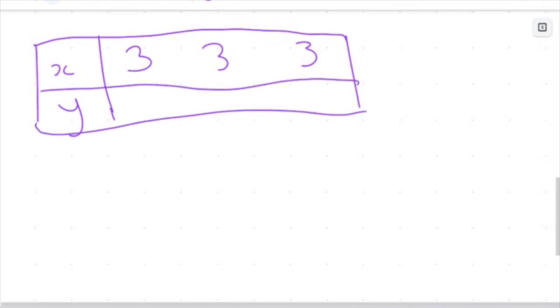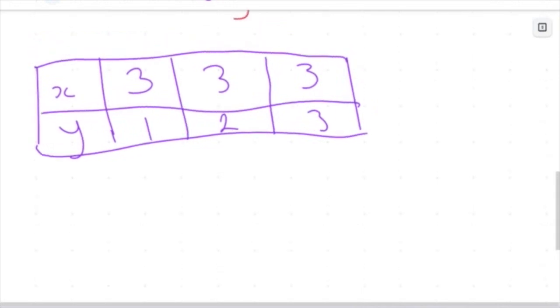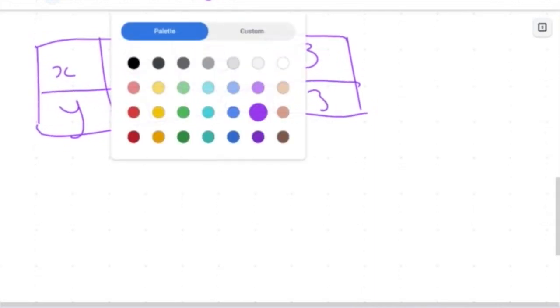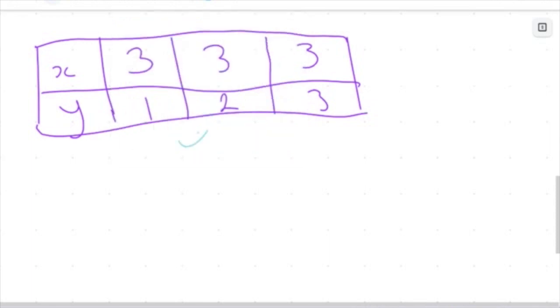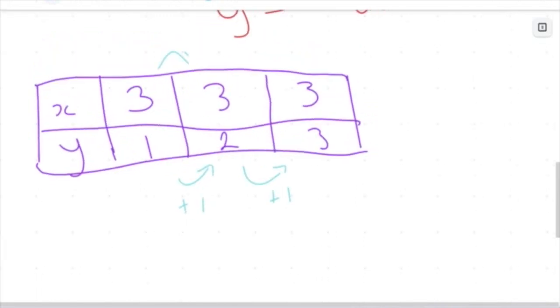And my y value changed. It went from 1 to 2, to 3. So let's look at how these are changing. Well, my y is changing, but it has no effect on my x.